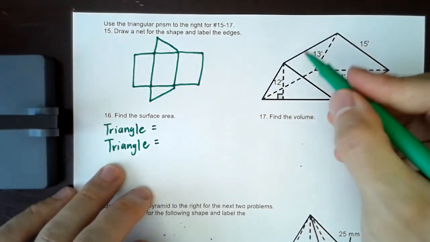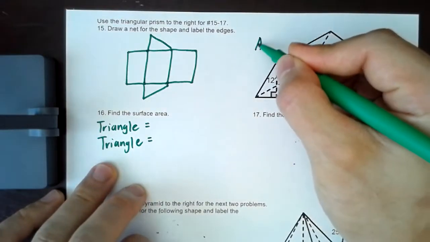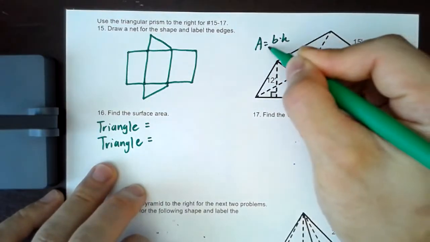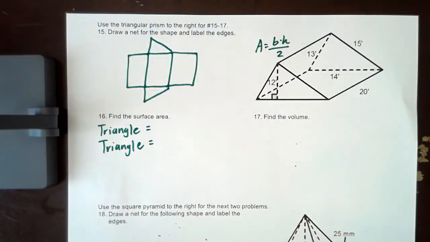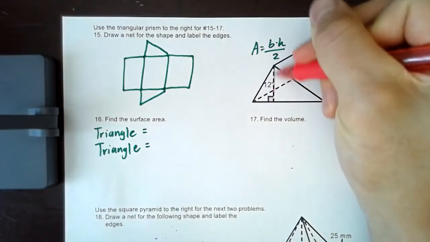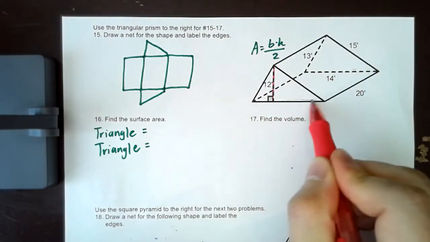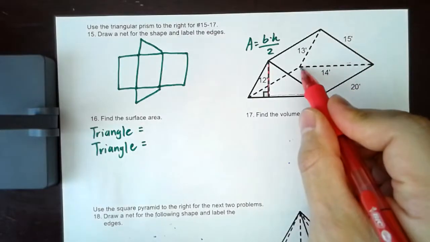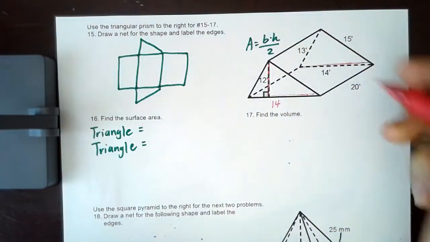So again, let's review how to calculate the area of a triangle. The area of a triangle is base times height divided by 2. So let's go ahead and label this triangle. This right here is 12. The base of the triangle, this part, which is very important to calculate the area, is 14.